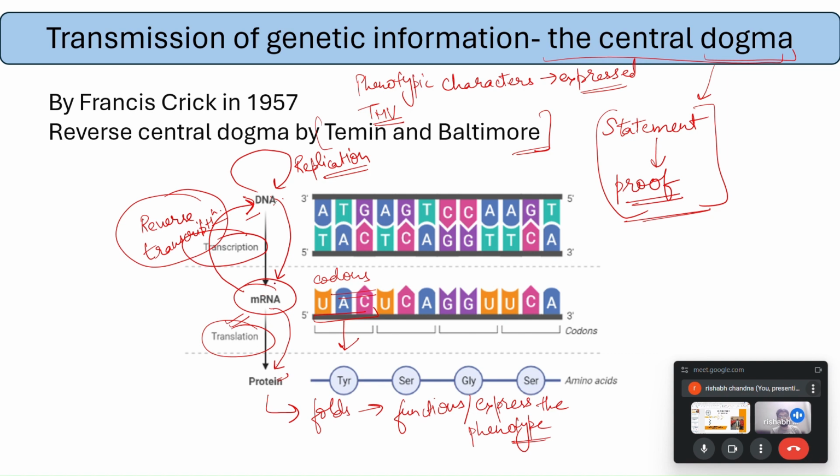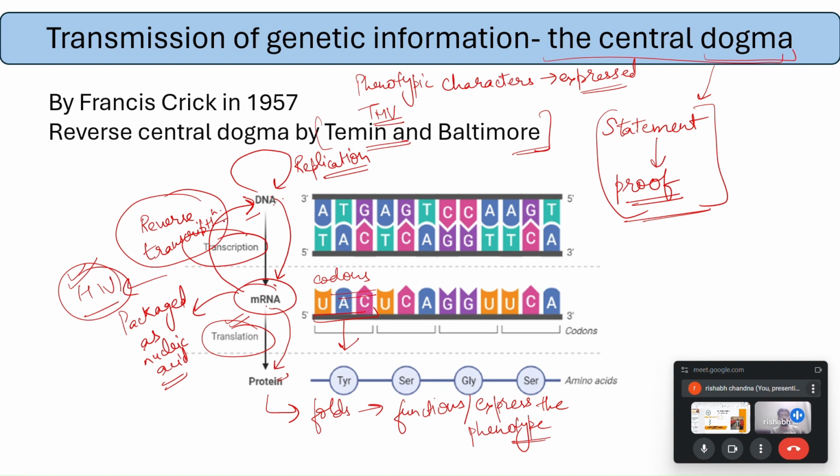And now this DNA follows the same process. So it first converts to mRNA through transcription, then mRNA forms proteins, or this particular mRNA is packaged into nucleic acid. So this process, that Temin and Baltimore observed, is particularly seen in HIV, that we have discussed in the last lecture.